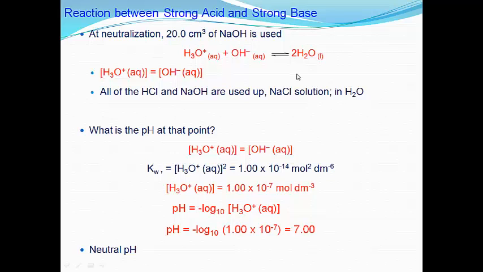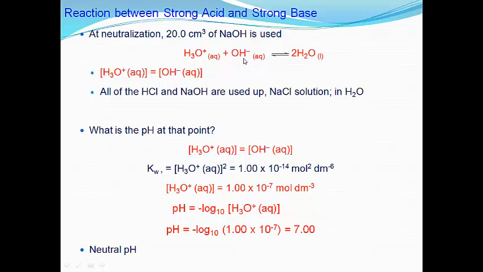And so at neutralization, where all of the H3O plus reacts with OH minus, we have the formation of 2 moles of water. And so we can say that the concentration of H3O plus is equivalent to the concentration of OH minus.